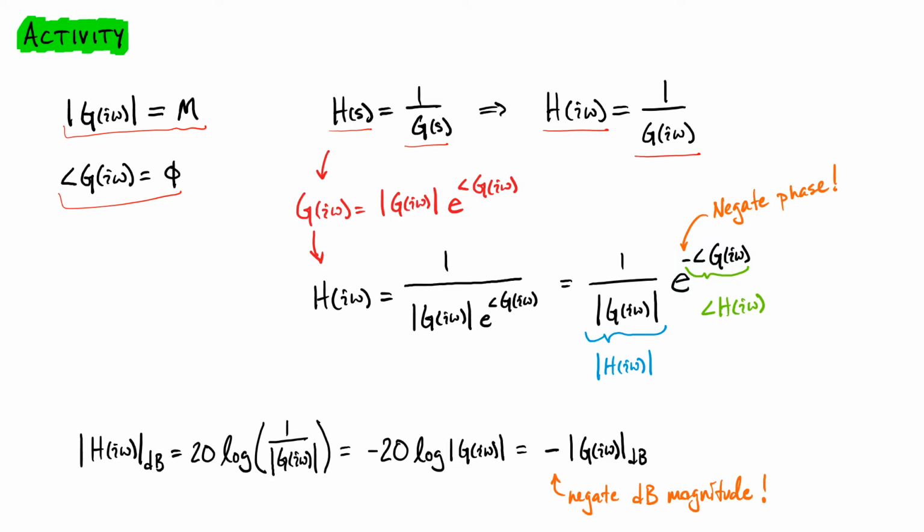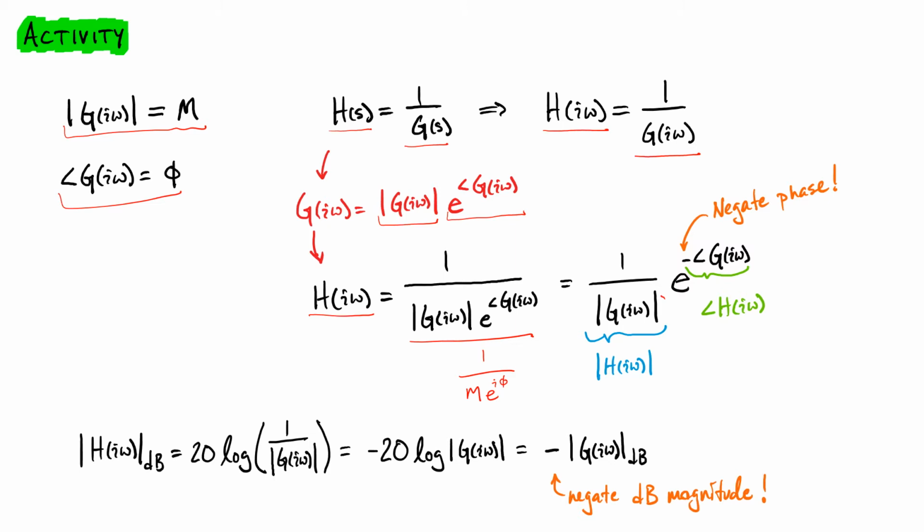If we rewrite what g is, it's its magnitude multiplied by e to its phase, right? And if we plug that into our expression for h at i omega, this is really 1 over m e to the i phi.